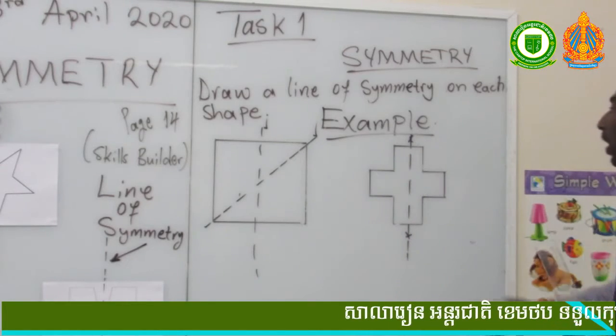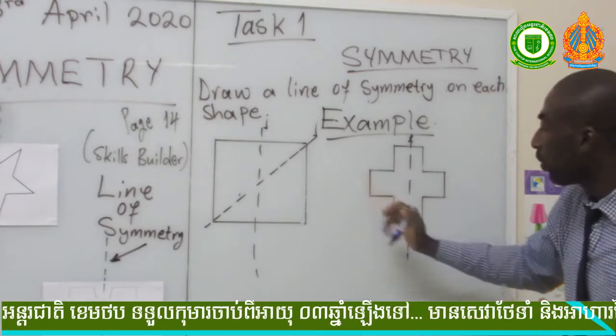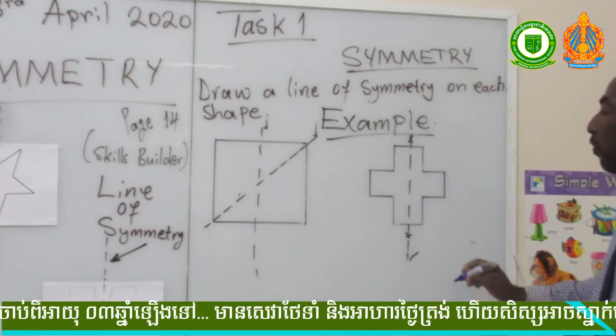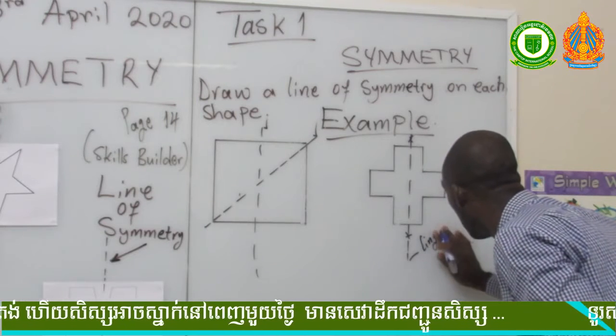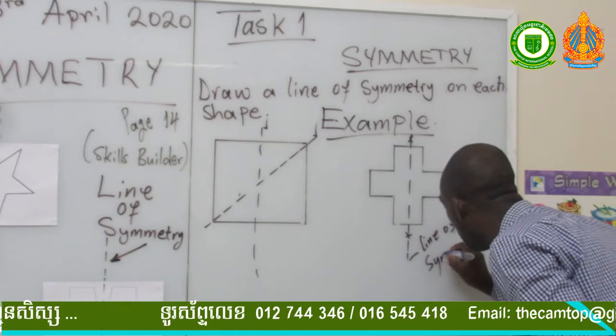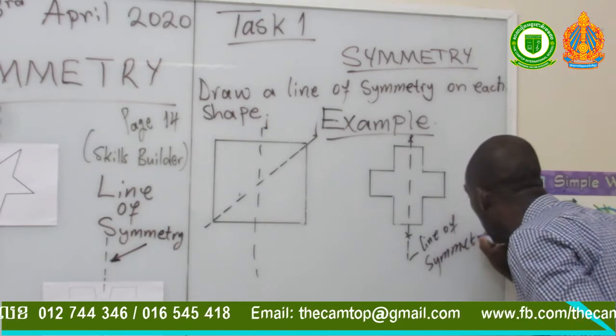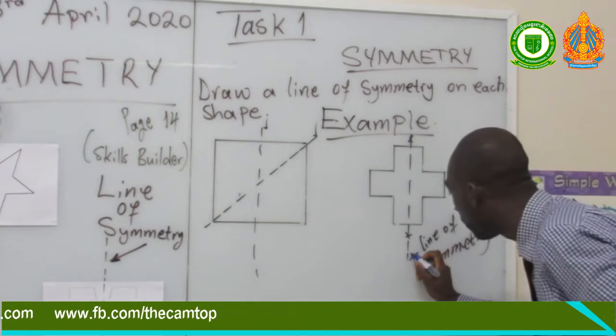Okay. So this line goes through very well, so you can close to this point. So this line becomes your line of what? Symmetry. Okay, so this is your line of symmetry. Okay? So this is your line of symmetry.